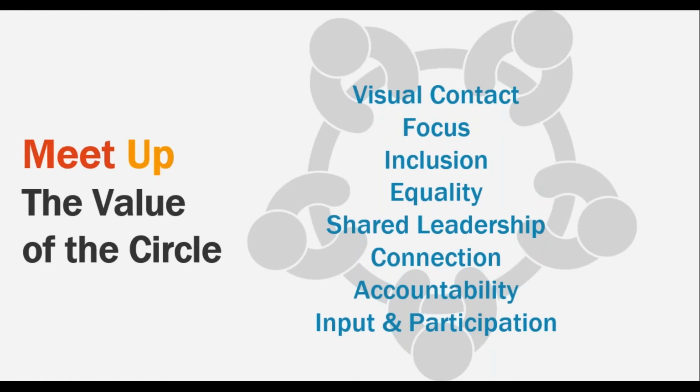When we meet up, we want to ensure that everyone has an opportunity to participate and contribute. Meetup promotes equity and shared leadership as it places everyone in the circle in an equal structure where we all can learn from one another. In a circle, the focus is better because we can put our attention on the speaker where everyone can see.